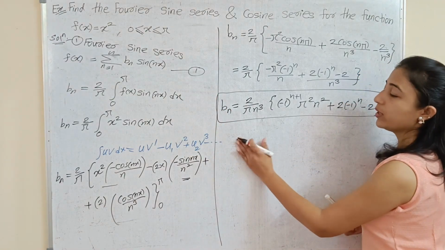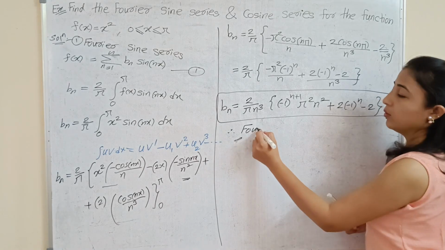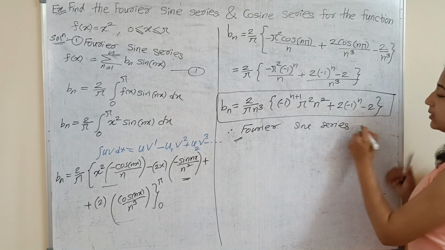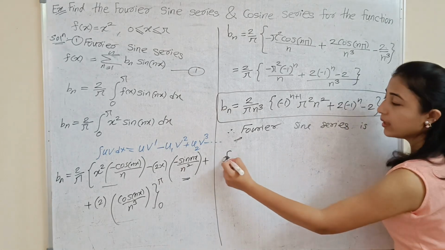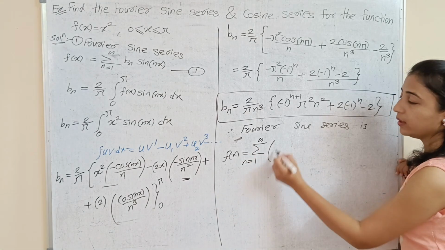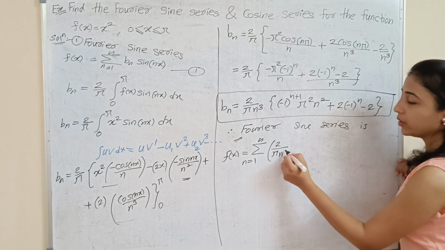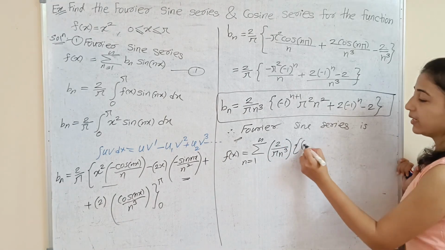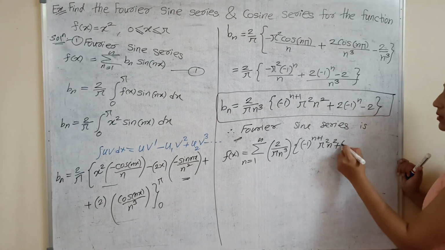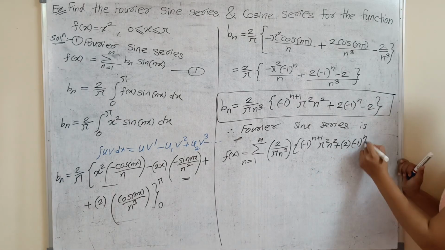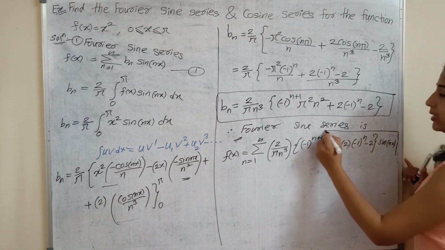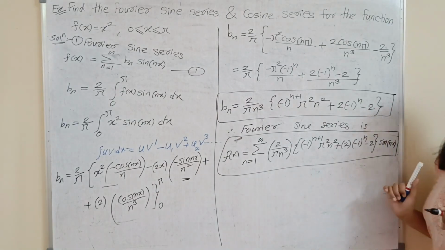Therefore the Fourier sine series is f of x equal to summation n varies from 1 to infinity, Bn is 2 by pi n cube into minus 1 raised to the power n plus 1 pi square n square plus 2 minus 1 raised to the power n minus 2, into sine nx. So this is the final answer of our first question, that is the Fourier sine series.